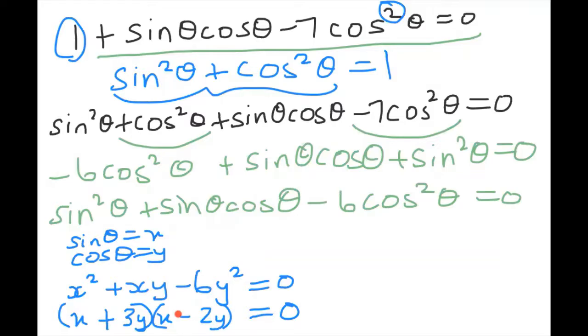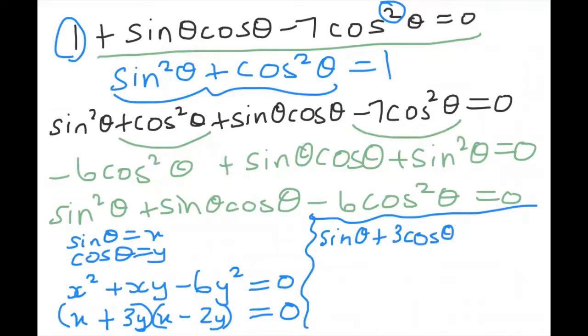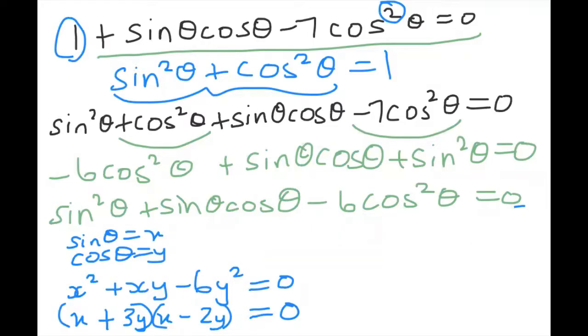So I'm just going to try to write it. I'm going to go to the next page now and redo this. I'm going to put x back, which is sine theta plus 3 cos theta, times, this is not enough space, let me do it on the other side. I'm going to take this formula, and wherever I see x, I put sine theta, and wherever I see y, I put cos theta.